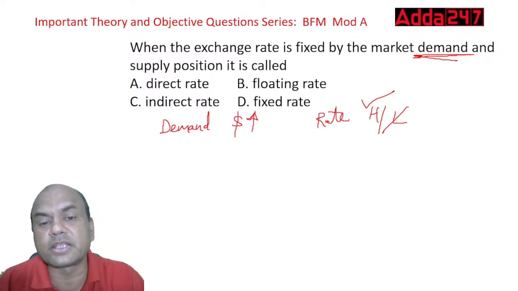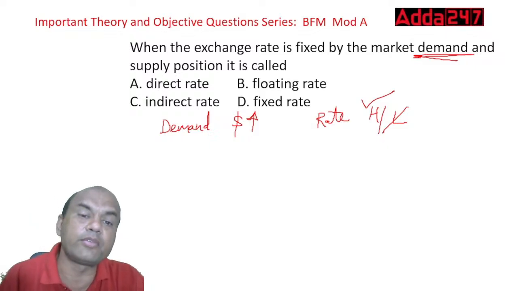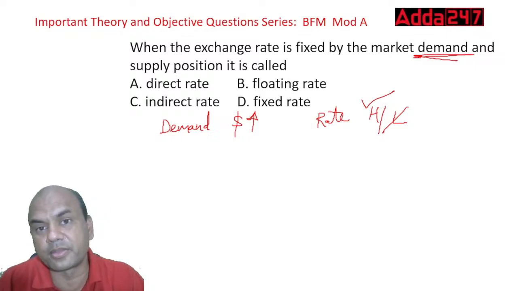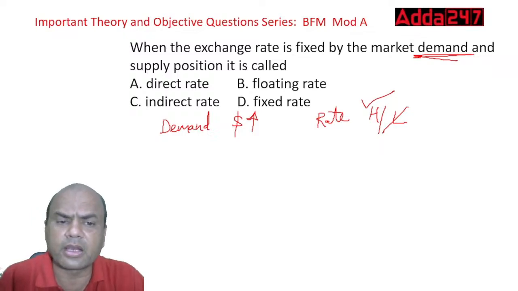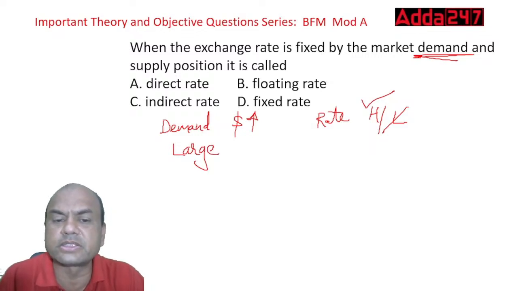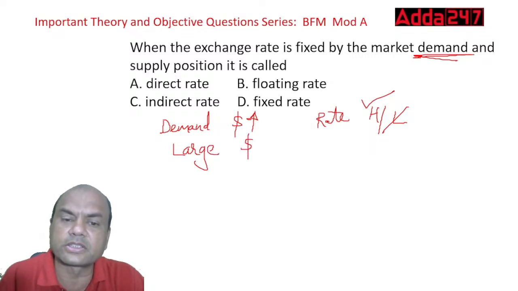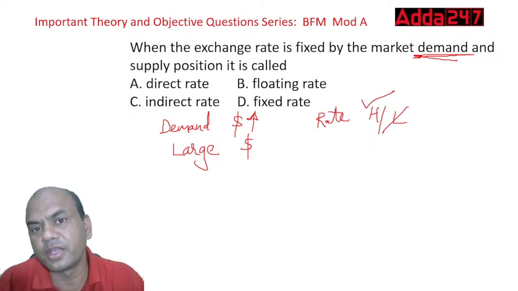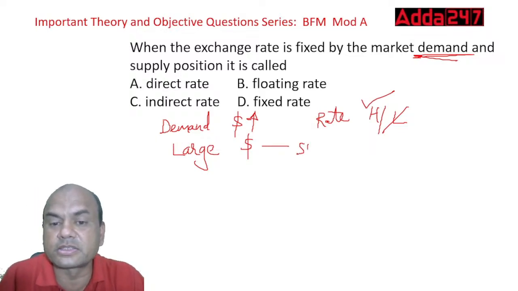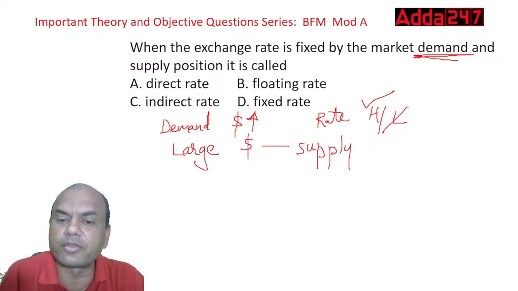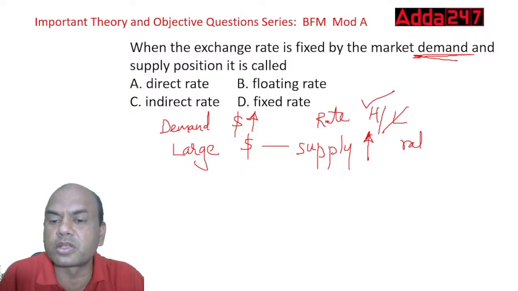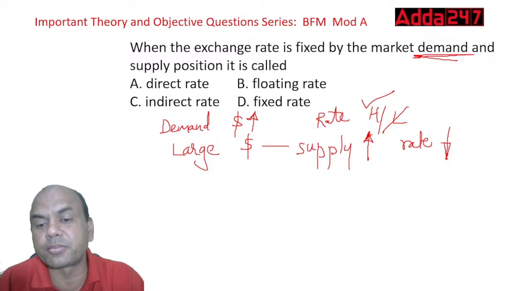When does this happen? This happens when you have huge fund flows coming in. Suppose in India, a large amount of dollars are coming in. Everyone is investing dollars. Then what will happen? In that case, the supply will go up. If supply goes up, then what happens? The rate goes down. So the dollar rate will go down. So when large dollars come in, supply of dollar goes up and the rate goes down.